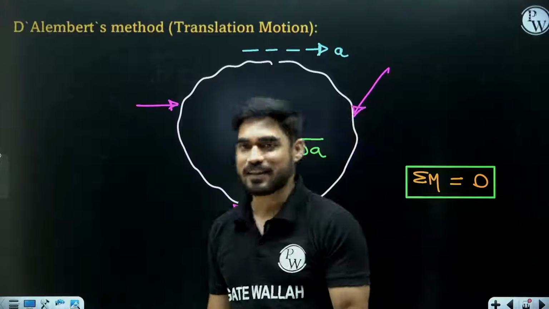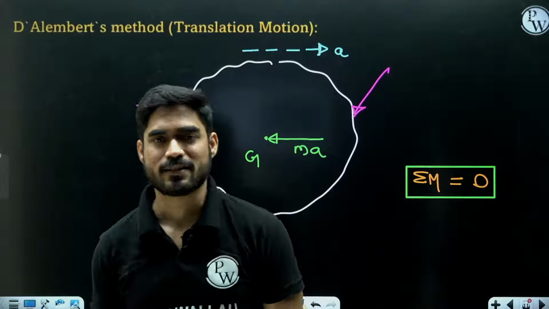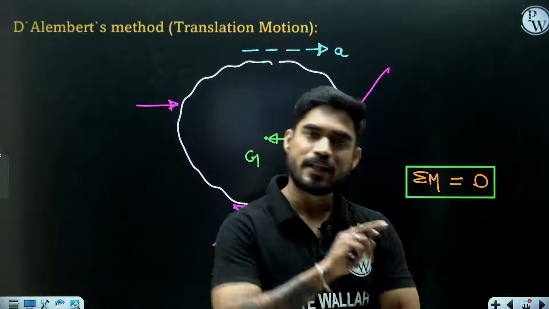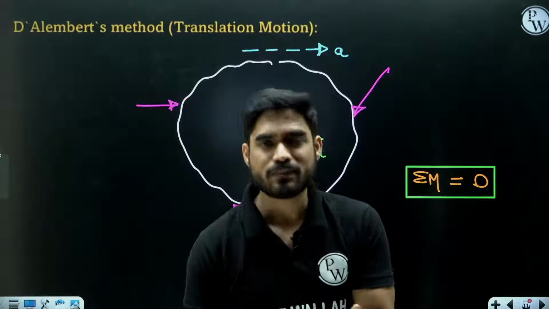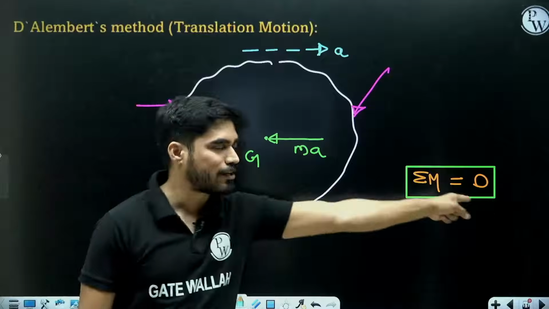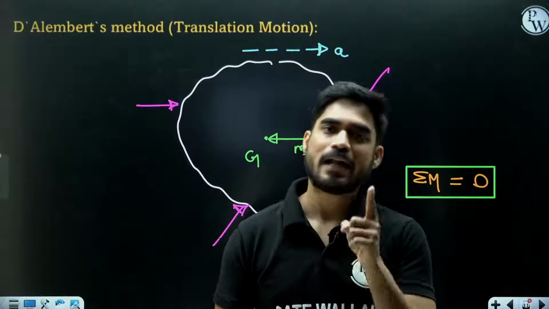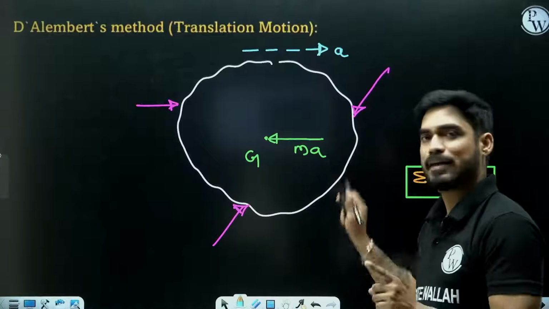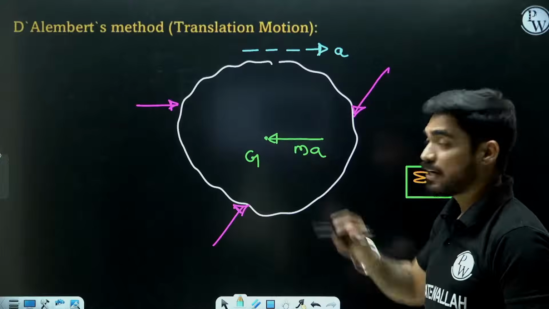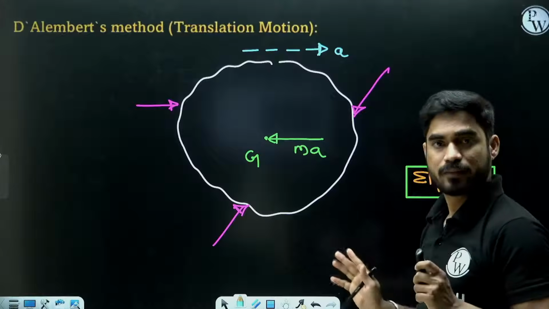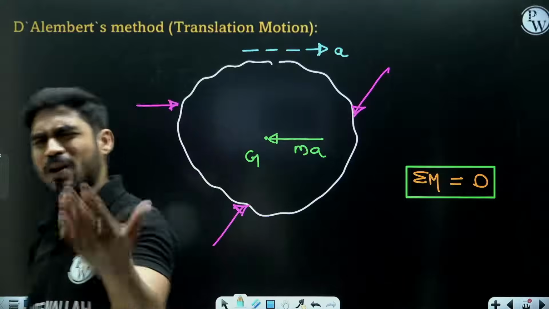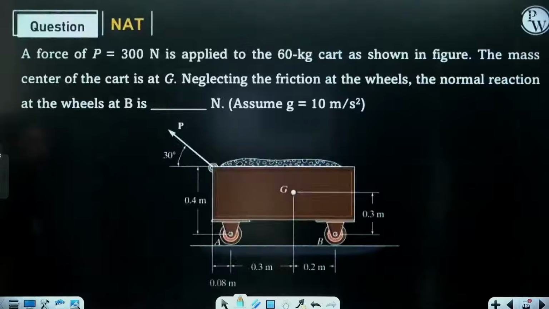We were not considering the size or the distance. So that's why we never used the moment equation, and there was no problem. But in some cases of translation motion, you will have to use summation of M equals 0. So there you will have to use this D'Alembert concept. Apply the inertia force ma on the center of gravity, opposite to a, and then you can apply summation of M equals 0. Let's solve a problem, then you will understand.